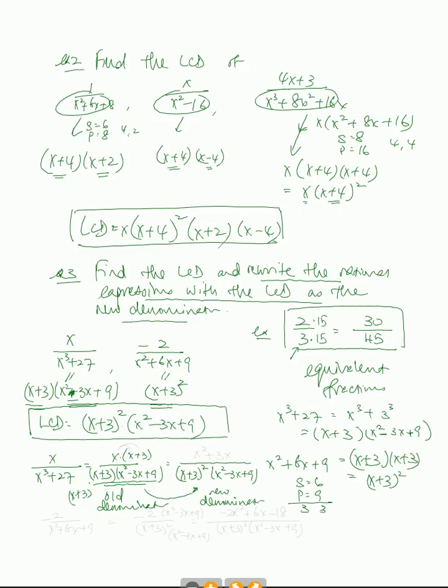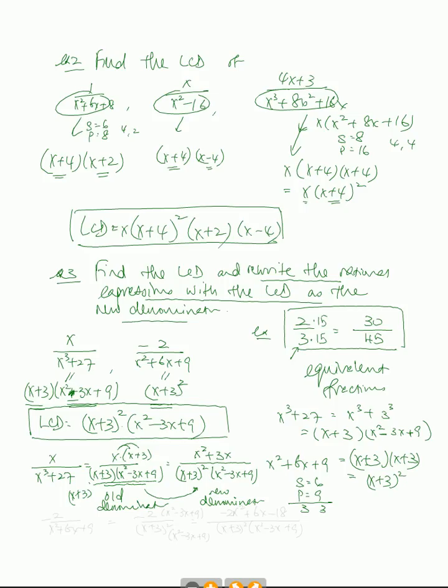And so the new numerator is no longer x, because I need to distribute this. The new numerator is going to be x squared plus 3x, and that's all they want. They want you to rewrite the old fraction with the LCD as the new denominator, but at the same time, when you change the denominator, you might have to change the numerator.